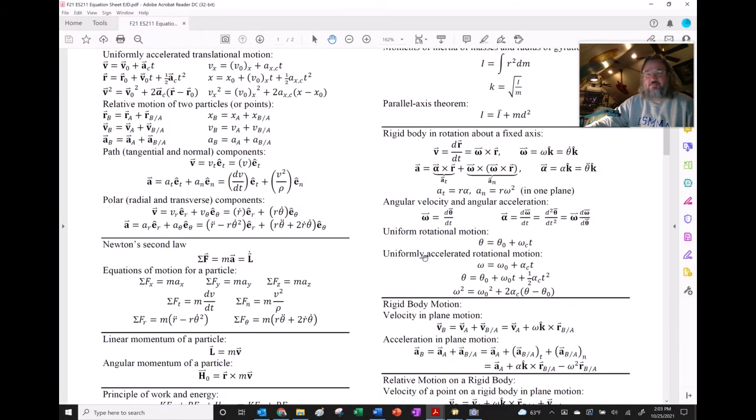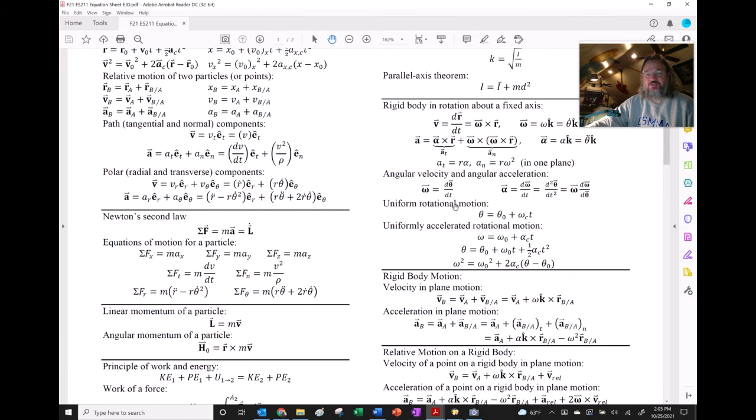All right, so anyway, we want to write out the acceleration analysis of really just a fixed axis right here.